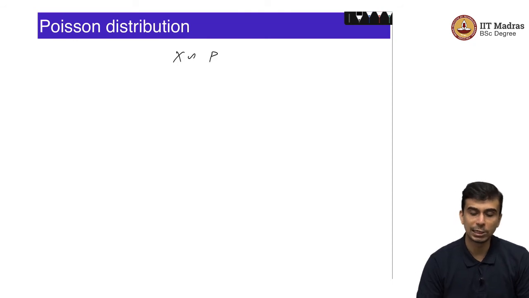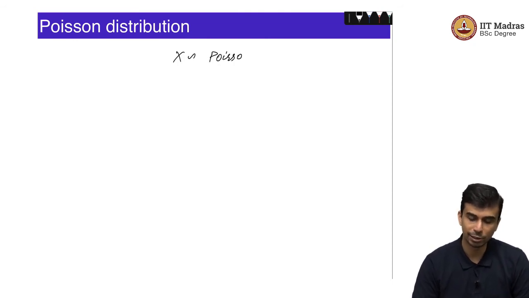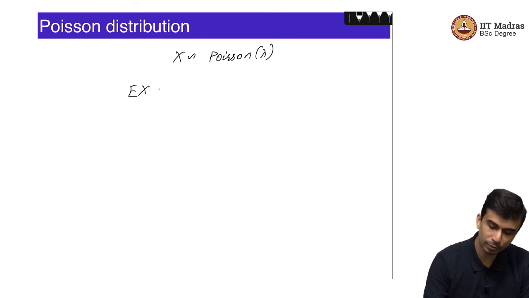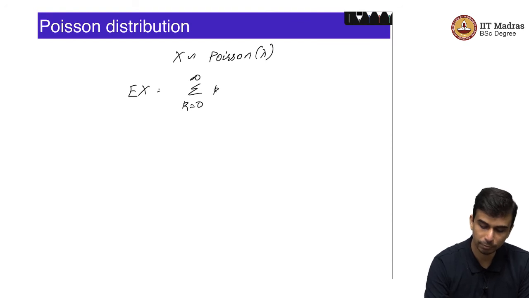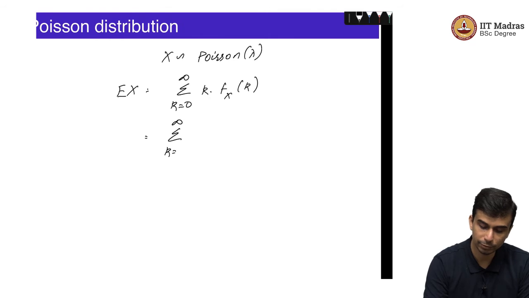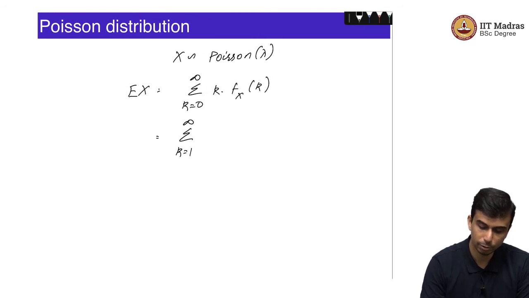What about the expectation and variance? We will just do the expectation of the Poisson distribution. It is pretty easy to do. Let us say X is distributed as Poisson of lambda. What is E[X]? Well, E[X] is the sum over k equal to 0 to infinity of k times f_X(k).